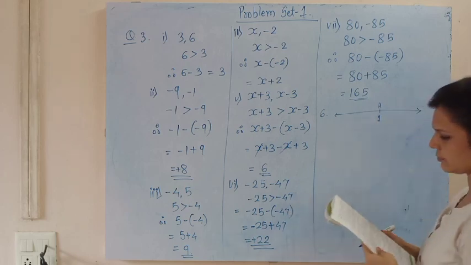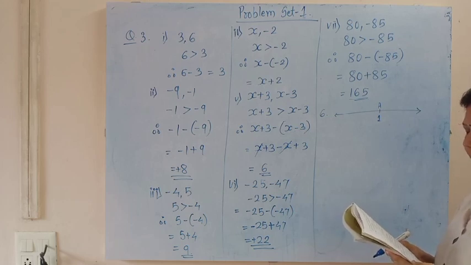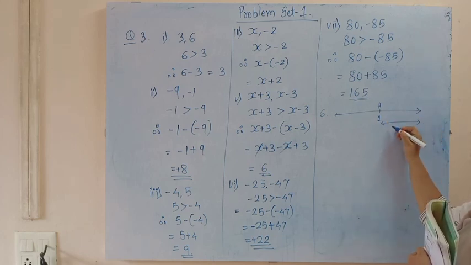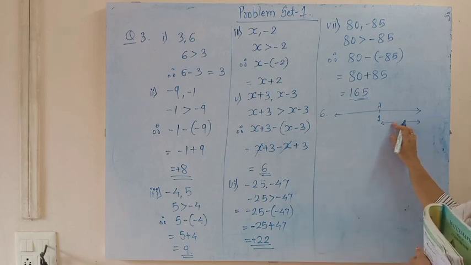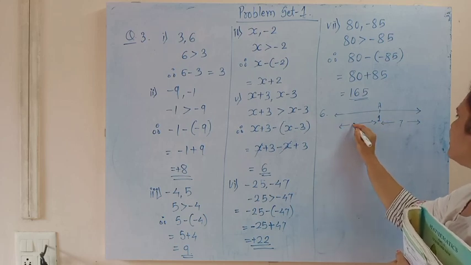Now, what are the coordinates of points on a number line which are at distance 7 units from A? So we have to consider here 7 positive as well as 7 negative.